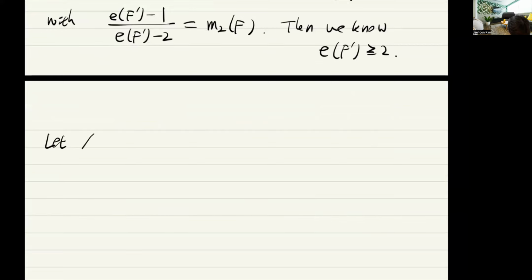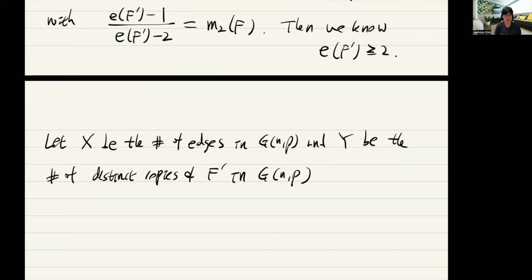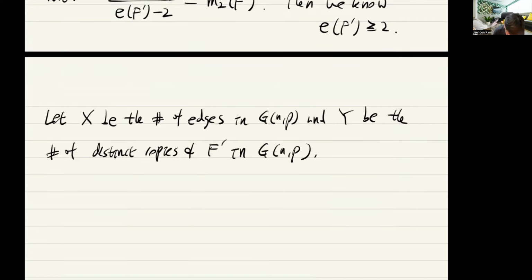Now, we consider random variables. Let X be the number of edges in this G(n,p), and let Y be the number of distinct copies of this F prime in G(n,p).